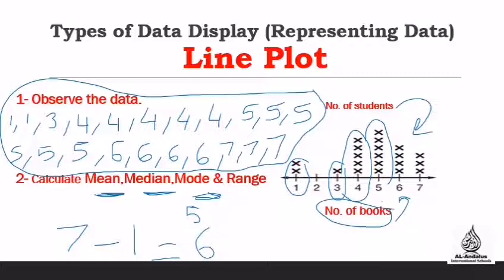So the easiest data analysis that I can pick quickly from the line plot is the mode, the most repeated value, which has the maximum number of crosses, which is the 5, and also the range, which is the maximum value, 7, minus the minimum value, 1. 7 minus 1 equals 6. You can still calculate the mean and median. It may take more time, but it can be calculated from this data set.